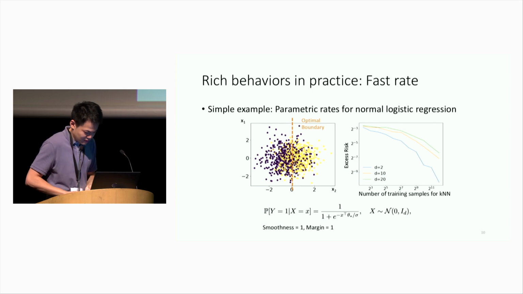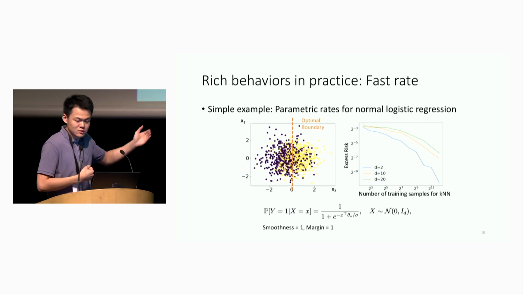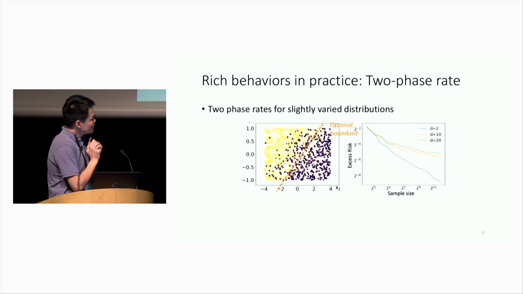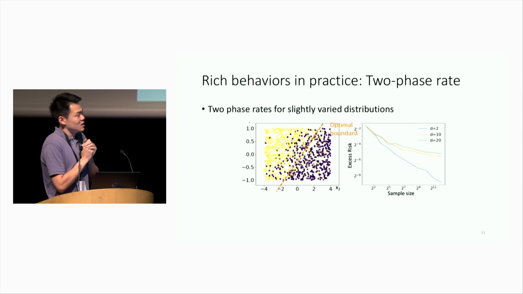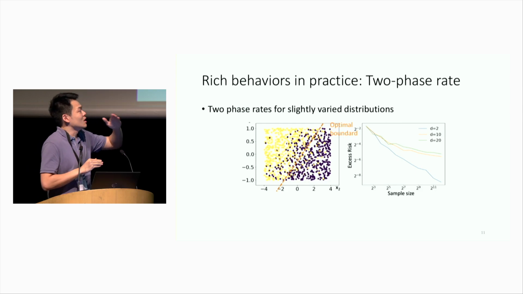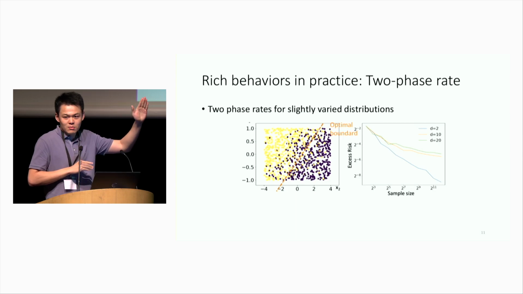Okay, so this is one thing. And this cannot be explained by previous analysis because here smoothness and the margin are all constant and d is increasing. Another, more interesting thing is if we change the normal distribution into a distribution over a hypercube, and we also have the optimal decision boundary be linear, but we slightly rotate this decision boundary.